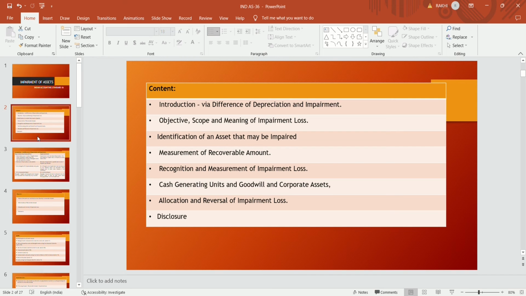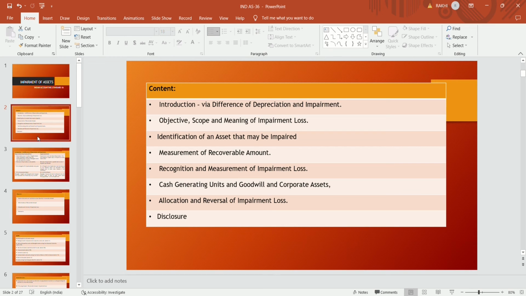Then measurement of recoverable amount. How will the company measure the recoverable amount? How do these indicators help to recognize and measure the impairment loss? Then cash generating unit, meaning a group of assets.